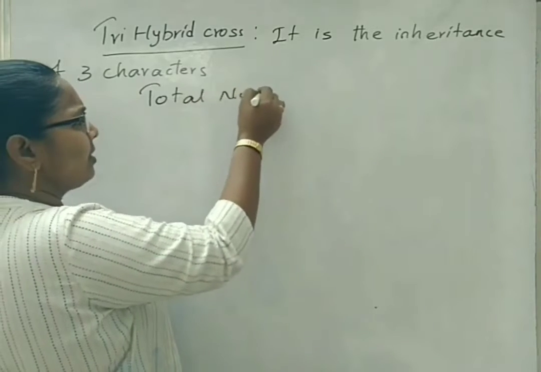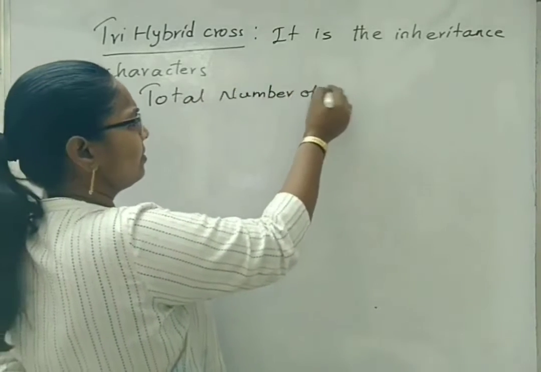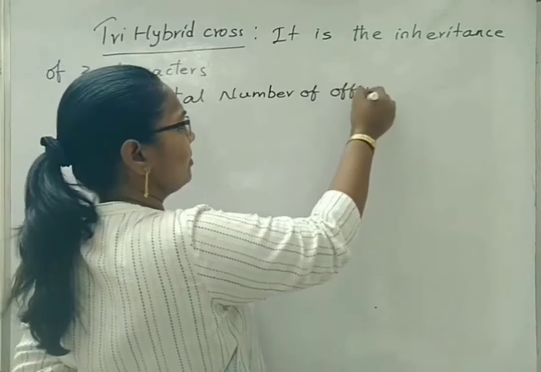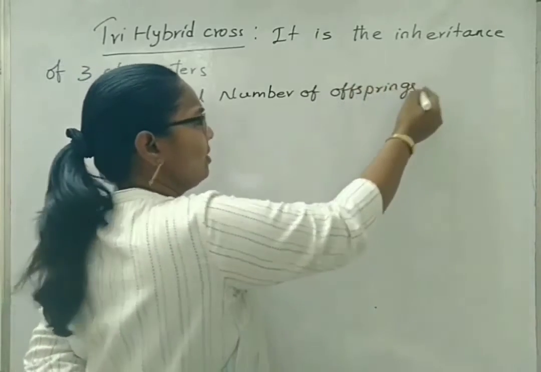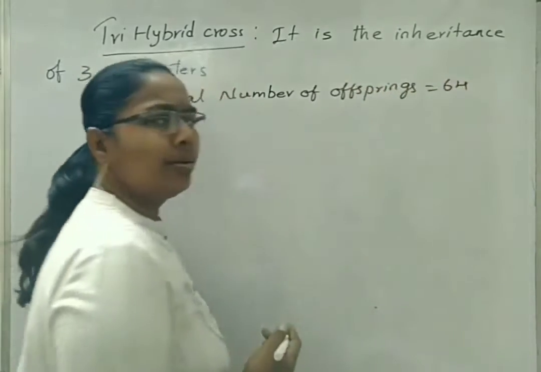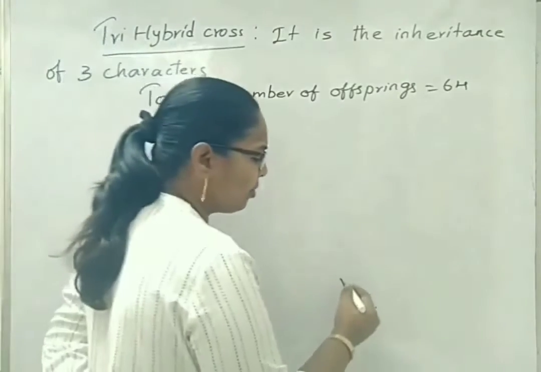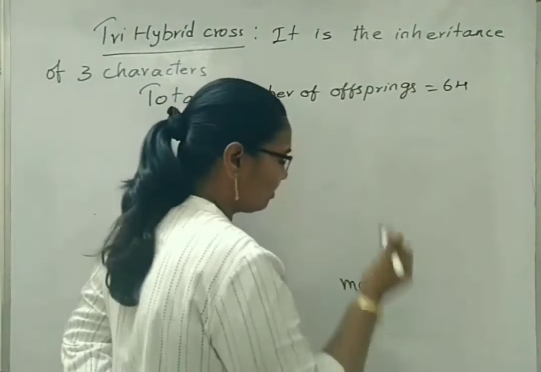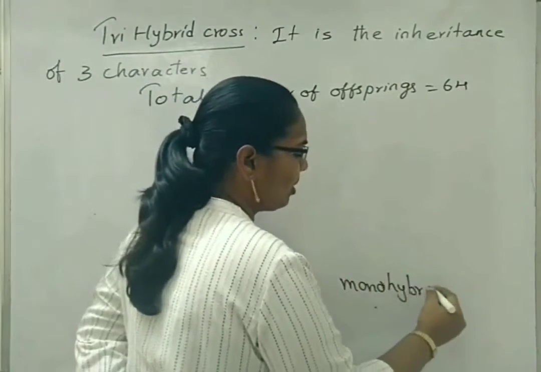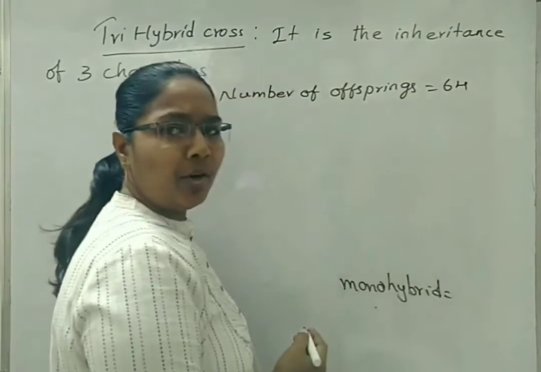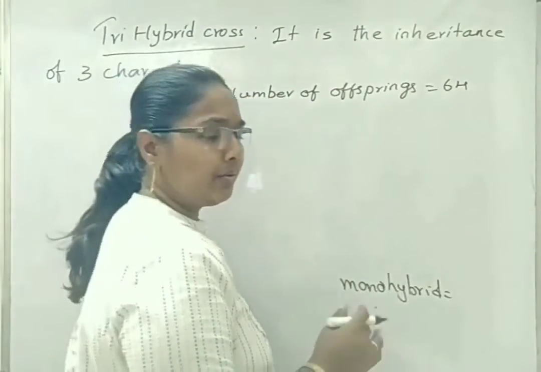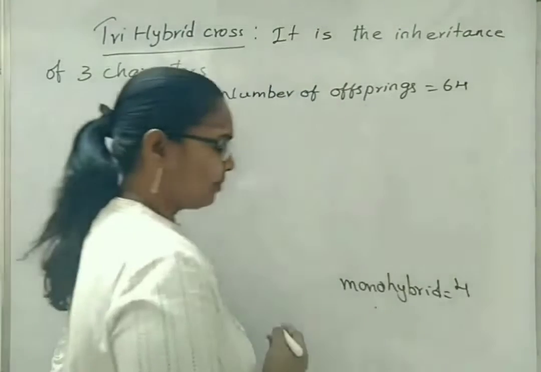Now here, total number of offsprings. We have seen that in monohybrid cross, the total number of offsprings according to the parents that we have taken is 4.